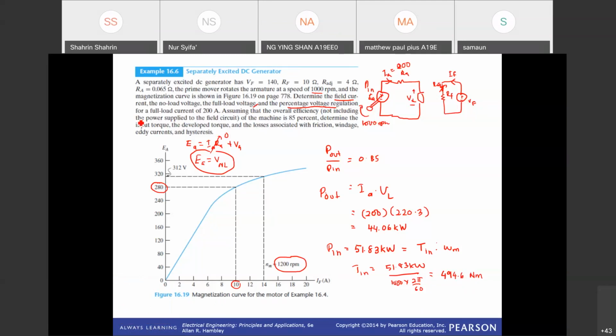So we have answered this one. The next is to determine the developed torque.